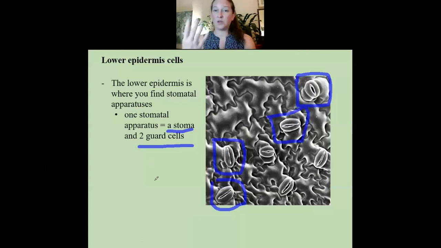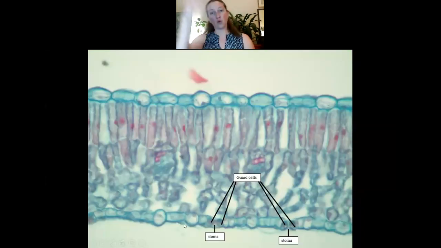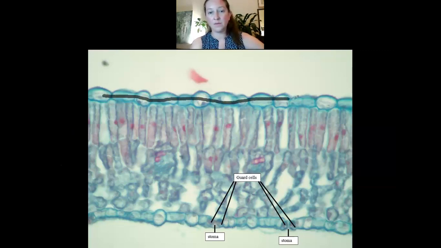So this is what it looks like if you were looking at the bottom of a leaf. Let's look at what it would look like under the microscope slide. So this is a cross section through the leaf, just to get you oriented. This is that upper epidermis. This is the lower epidermis.